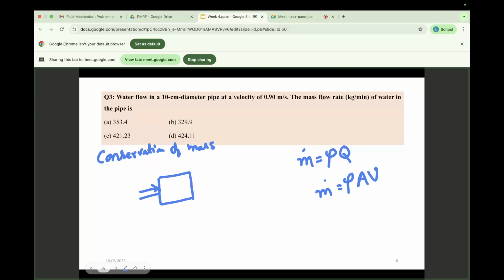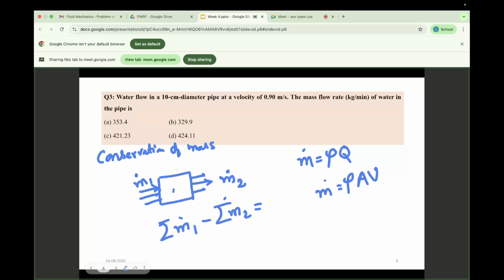If a fluid is entering with mass flow rate m1 dot, and m2 dot is coming out, then the conservation says the summation of the mass entering this system minus the mass coming out of the system should be equal to 0, I mean there is no change.